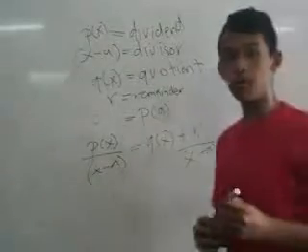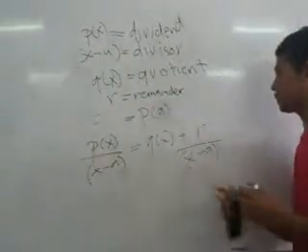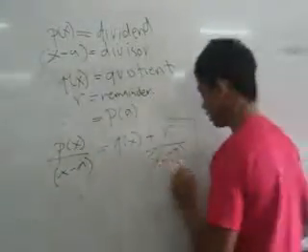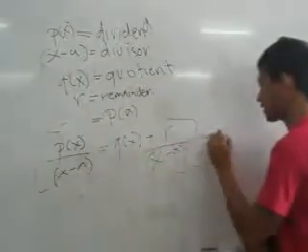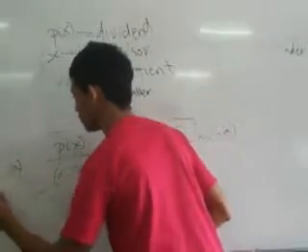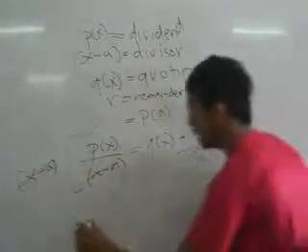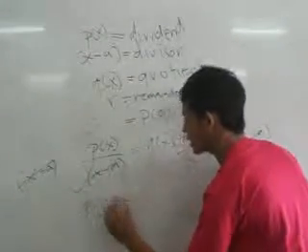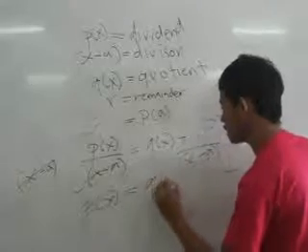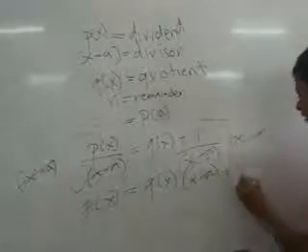So now, to remove the denominator of each value, we need to multiply both sides by x minus a. The answer would be P of x is equal to Q of x times x minus a plus r.